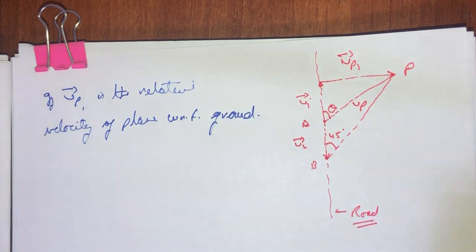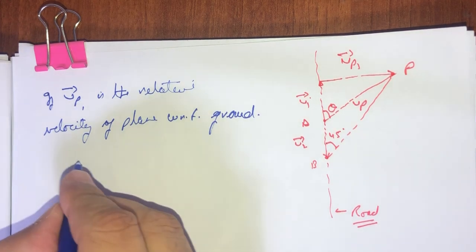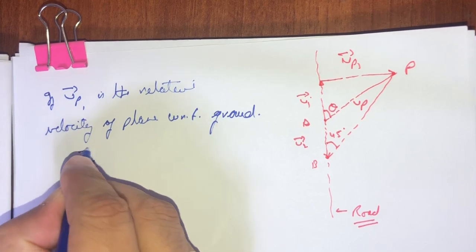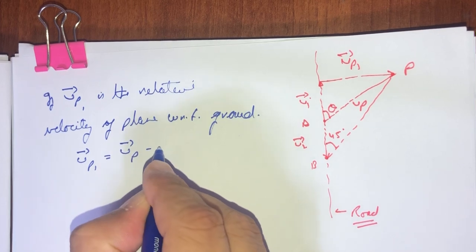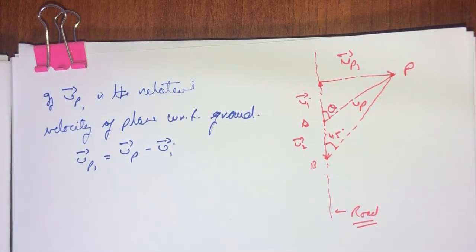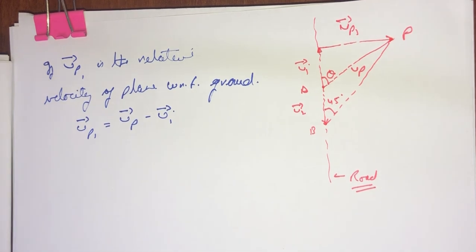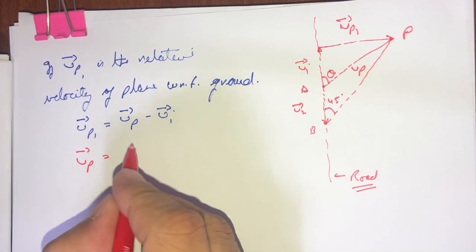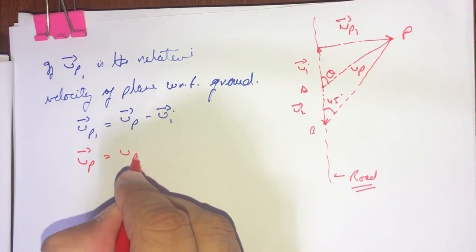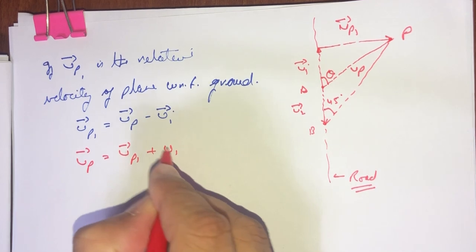Okay, so we can say that Vp1 can be written as Vp minus V1. So from here we can find out the value of Vp. So Vp will be equal to Vp1 plus V1.